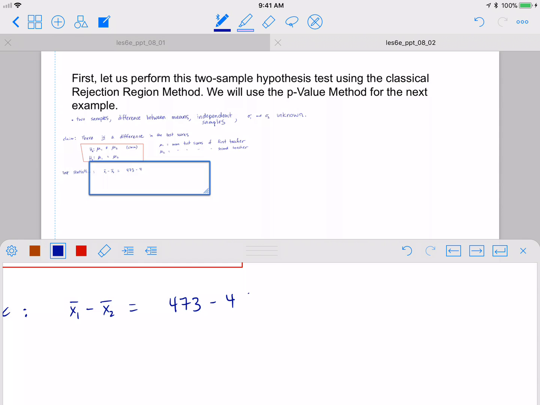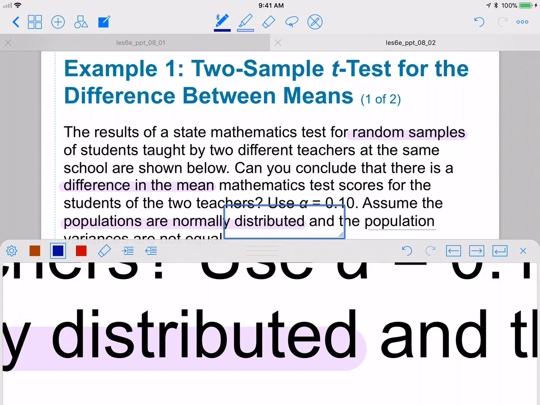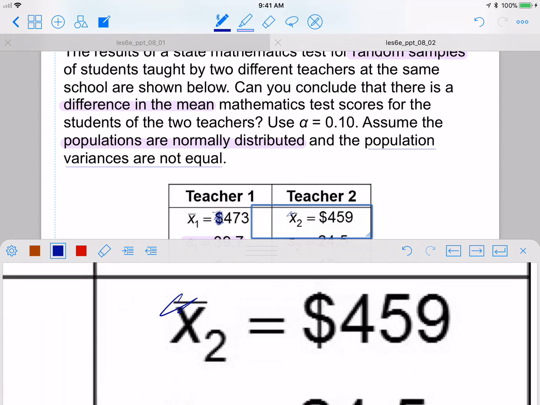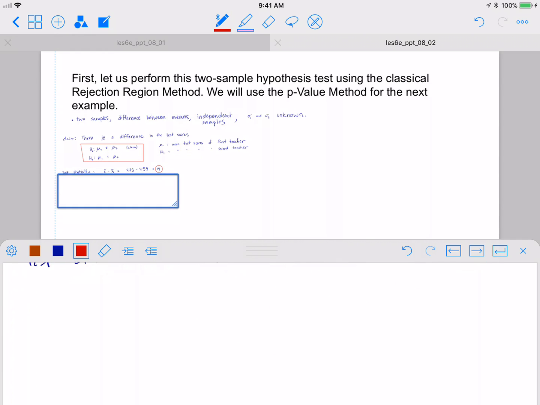Note that there's actually a typo here because these shouldn't be dollar signs. So we can erase those, right? There shouldn't be dollar signs because they're test scores. Okay, and so now 473 minus 459, that is equal to 14. So put a little red box for our test statistic.